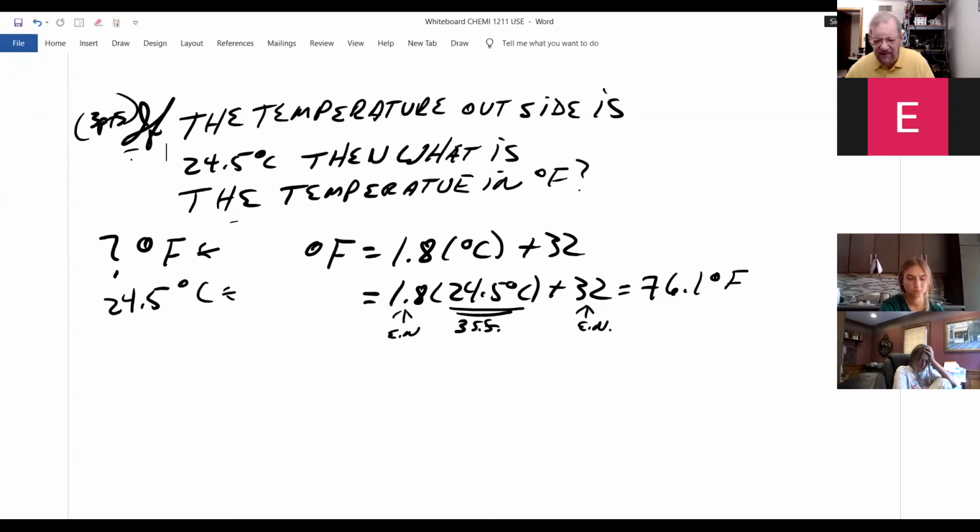Now, if this had been in scientific notation, it would be 7.61 times 10 to the first, which is the correct answer, either one, because Dr. White knows scientific notation, knows how to go back and forth.